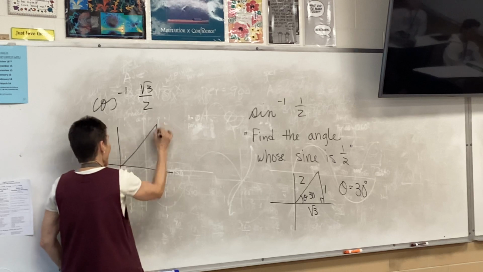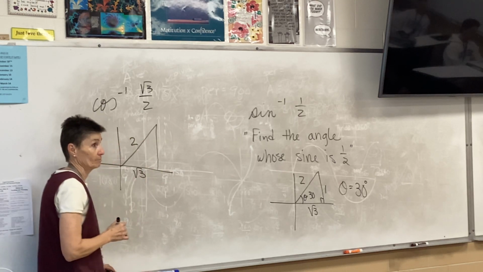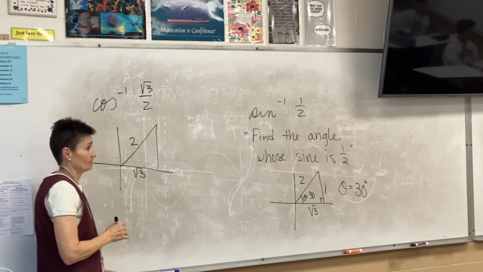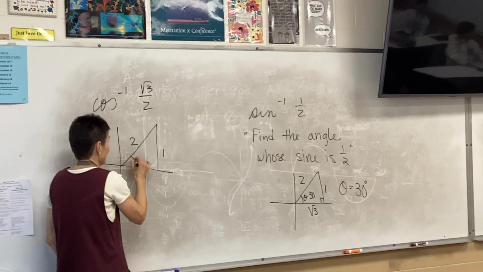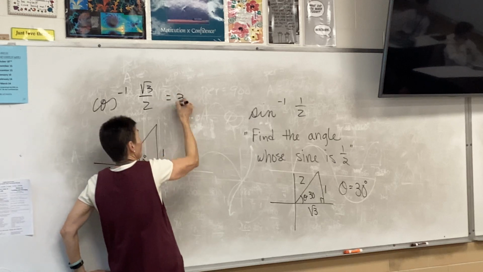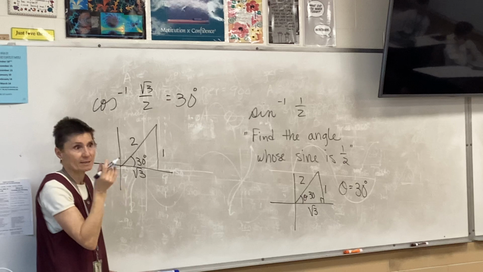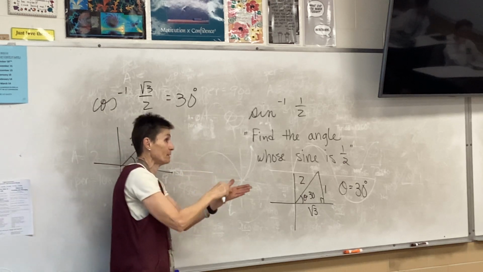What you have is adjacent over hypotenuse, cosine. I think it's the same picture. Isn't that 30 degrees? Now, I'm not going to be surprised because every answer I get is going to be 30, 60, or 45. Otherwise, I'll do my seagull problems and type it in on my calculator.